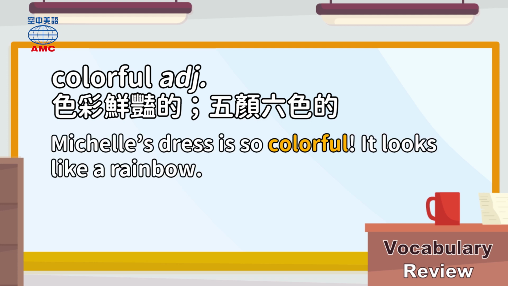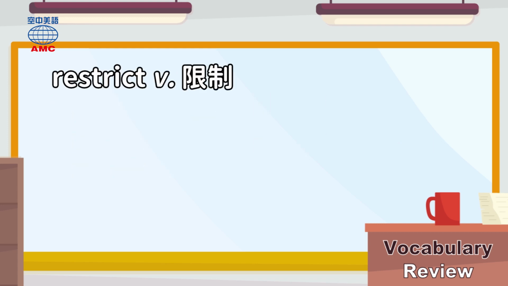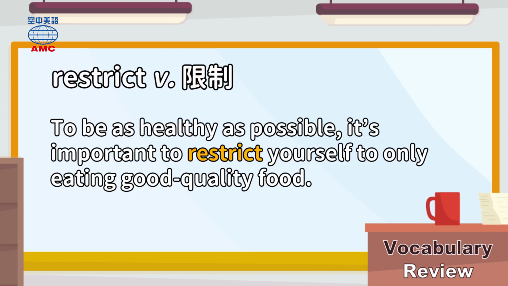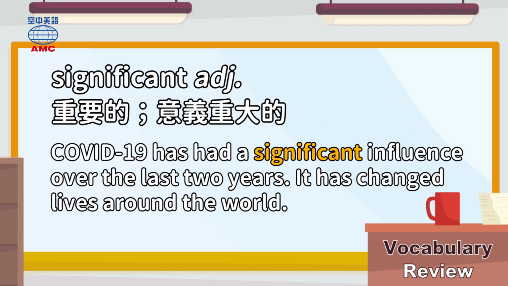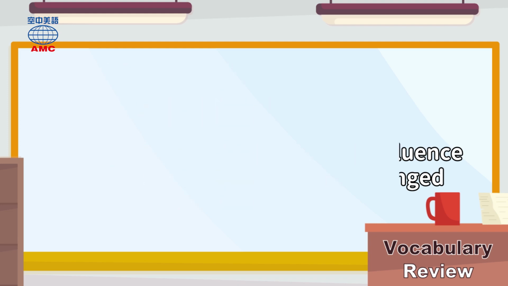Colorful. Michelle's dress is so colorful. It looks like a rainbow. Restrict. To be as healthy as possible, it's important to restrict yourself to only eating good quality food. Significant. COVID-19 has had a significant influence over the last 2 years. It has changed lives around the world.